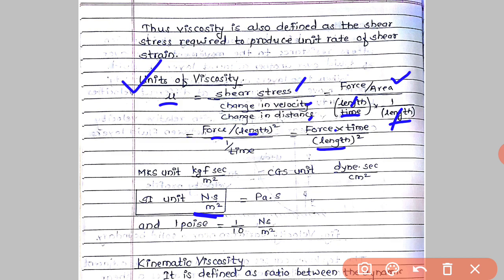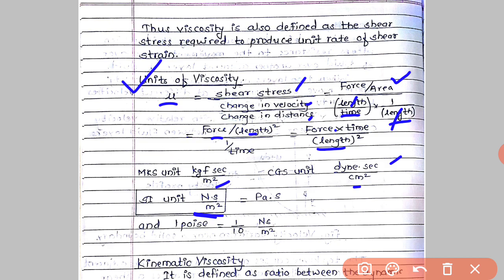second per meter square. The MKS unit is kgf second per meter square, and the CGS unit is dyne second per centimeter square. In CGS, the unit of force is dyne, time is second, and length is centimeter. So the SI unit is Newton second per meter square, which is equal to Pascal second.